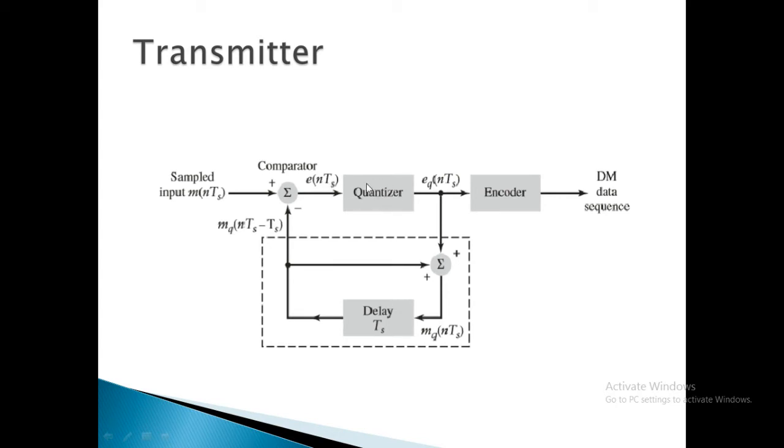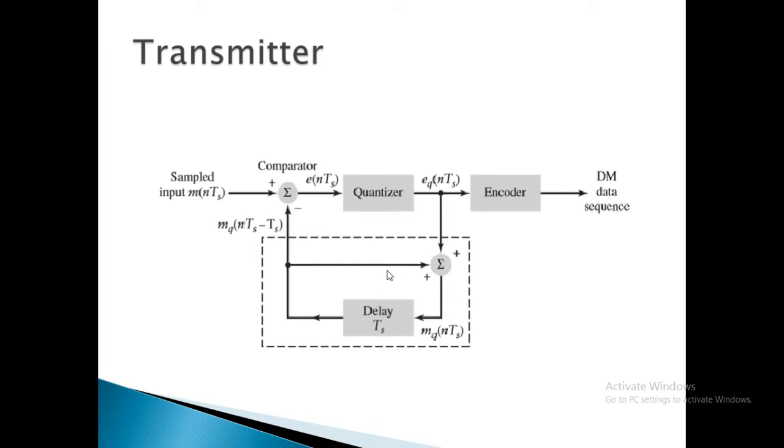The quantizer is a hard limiter circuit which provides the signum function operation. If the difference between the sampled input and the previous approximated sample is positive, the step is increased by plus delta. If the difference is negative, it is decreased by minus delta.